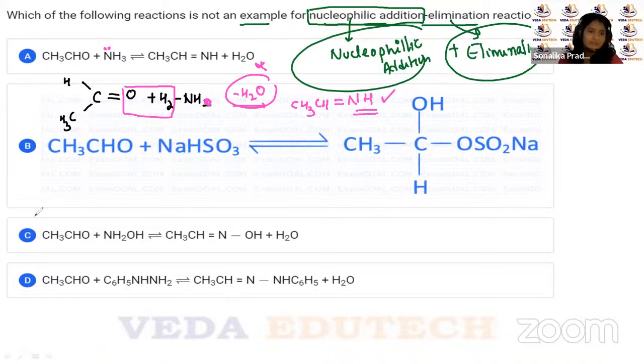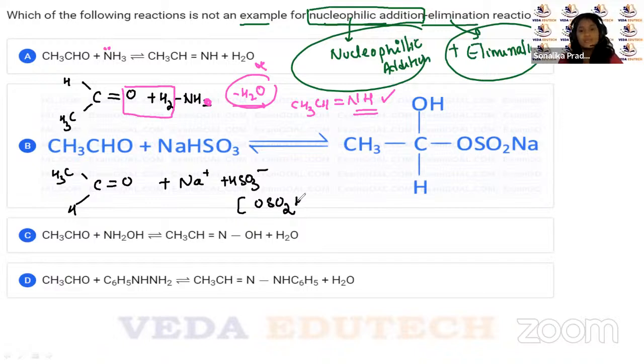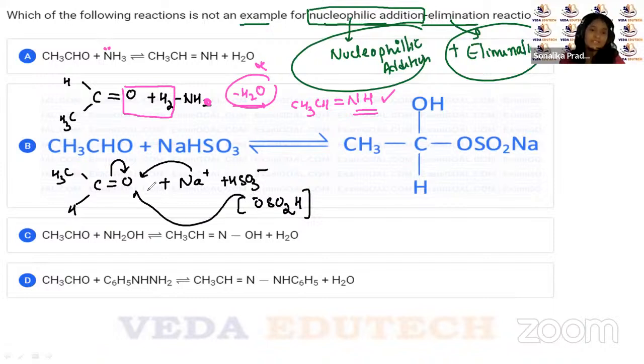Now as you can see here, children, this can be written as OSO2H minus, right? So when I take this here, your Na is going to be here and this part is going to attach here.